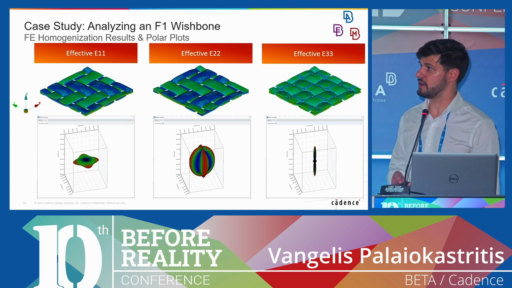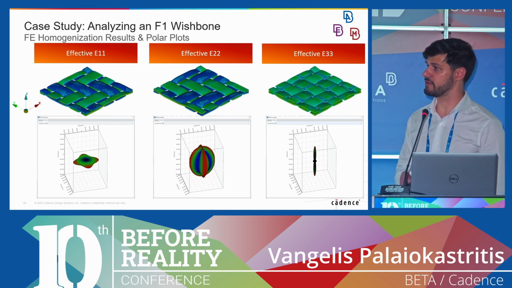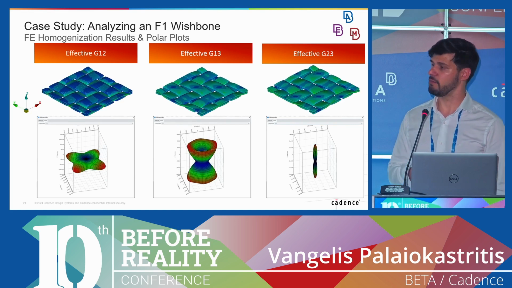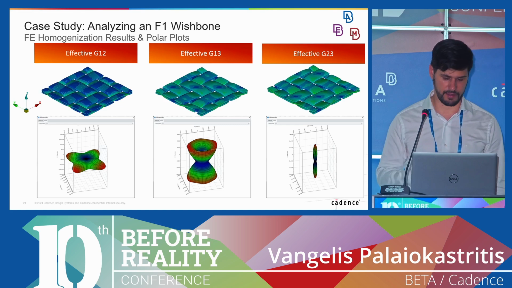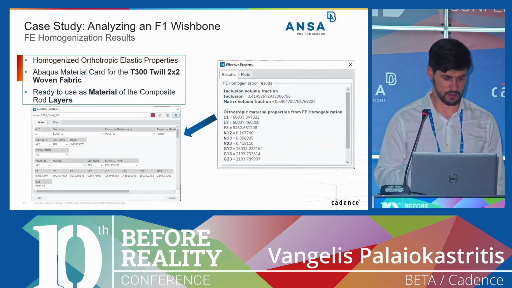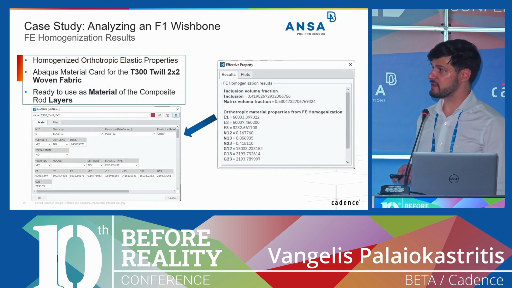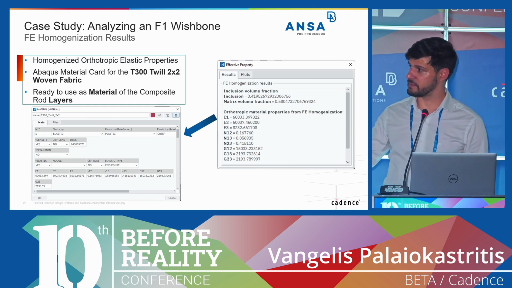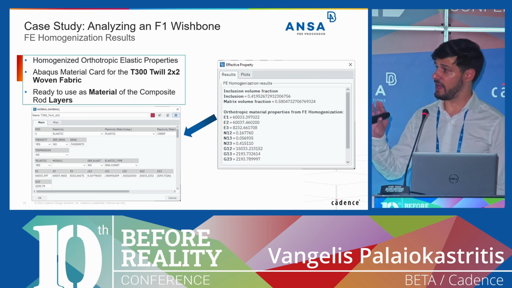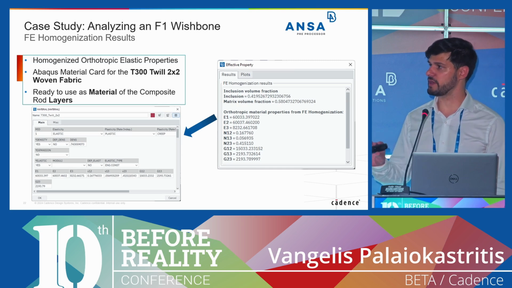So from the response of this analysis with the Epilysis solver, we get the effective engineering properties by averaging full field stresses and strains. Finally, the result will be the orthotropic material properties for this woven material, and up to this point we are solver neutral.